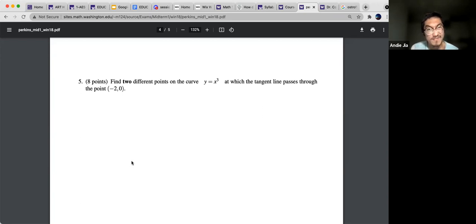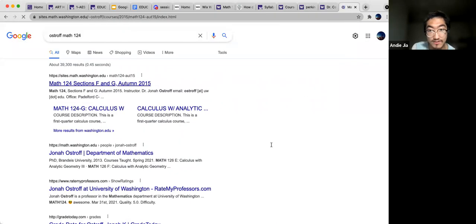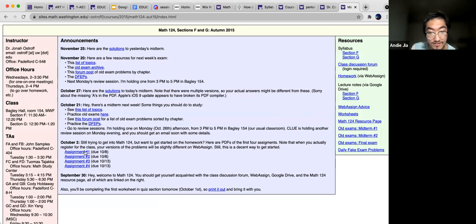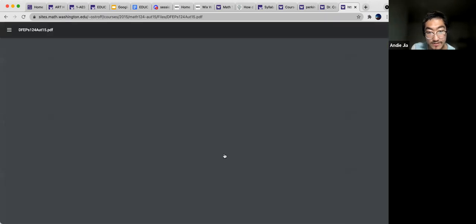So what we need to do is find the tangent line that passes through (-2, 0). So we're back to an algebra problem like the one here. It is very similar.